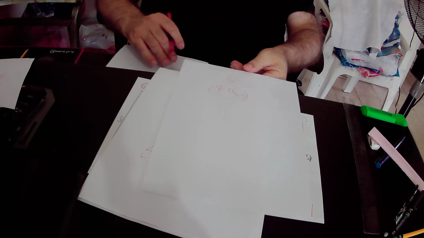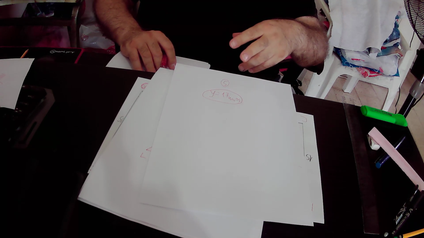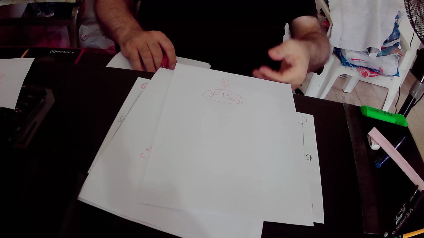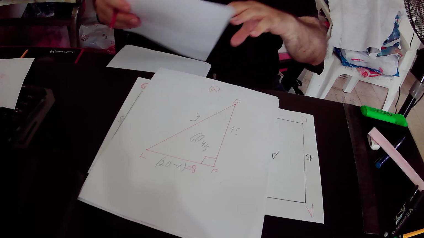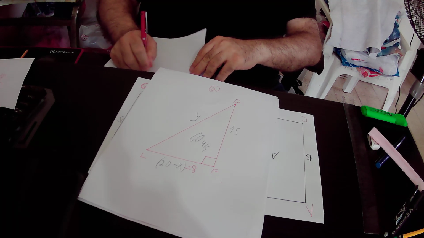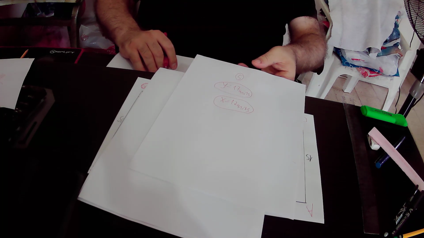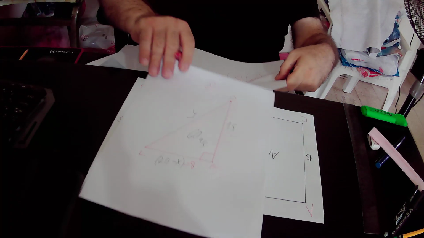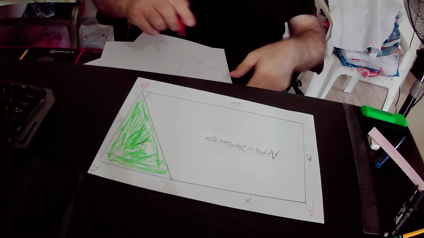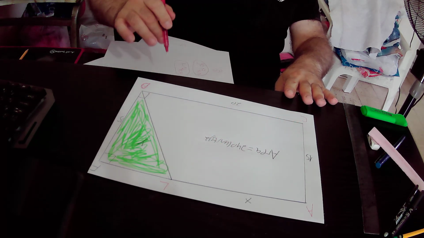The root of 289 is 17, so y equals 17 units, and we have already found that x equals 12 units. So the answer to the question is that x equals 12 units and y equals 17 units.